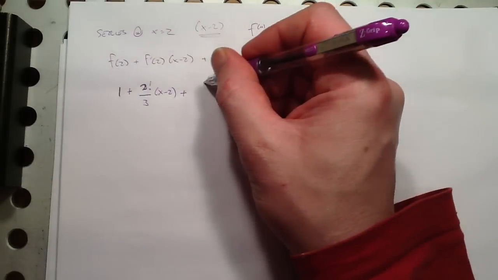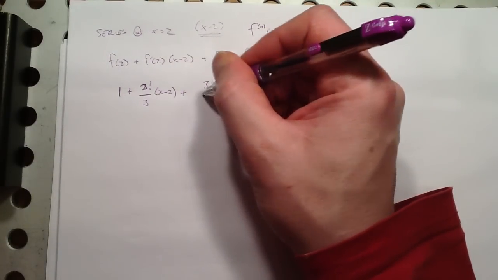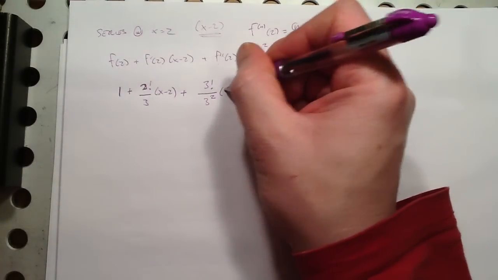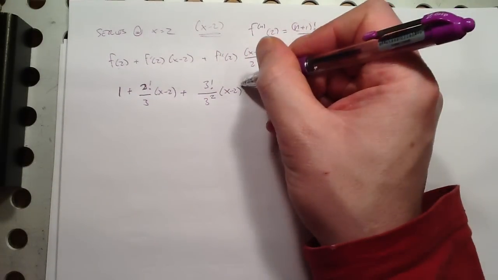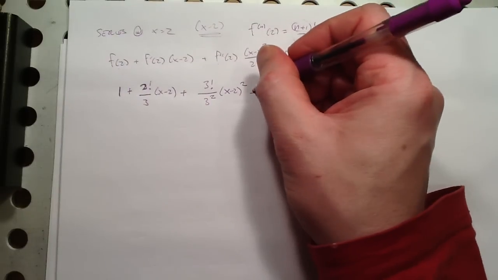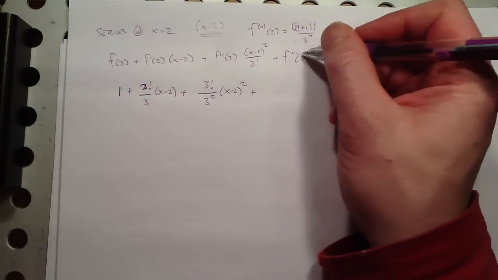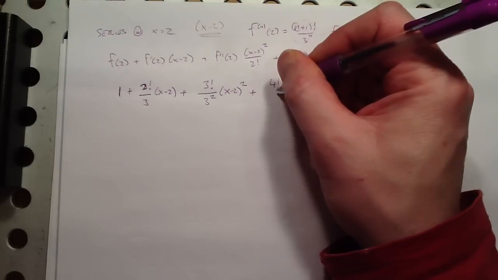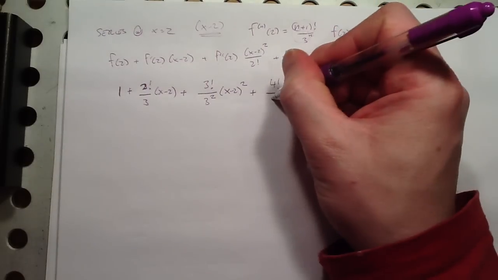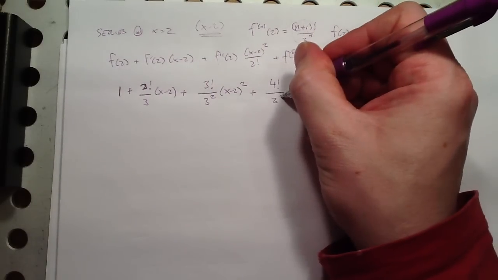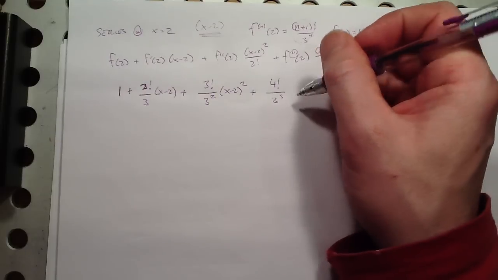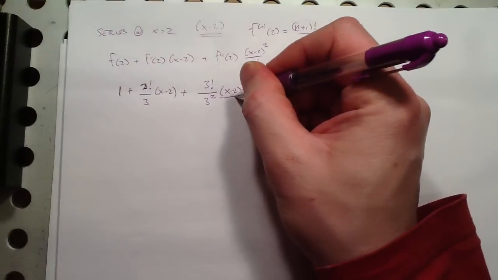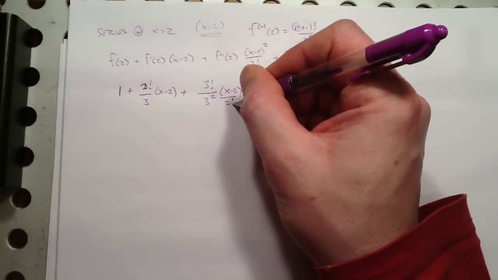So that one is going to look like 3 factorial. It's a second derivative, so that's 3 squared now, times x minus 2 squared, plus, when I plug in for the third derivative, I plug 3 in here, it gives me 4 factorial over 3 to the 3 times, I forgot something else too, didn't I? I forgot the 2 factorial. Sorry.